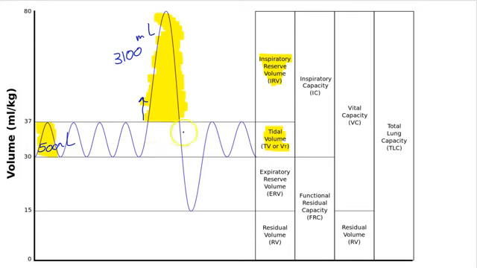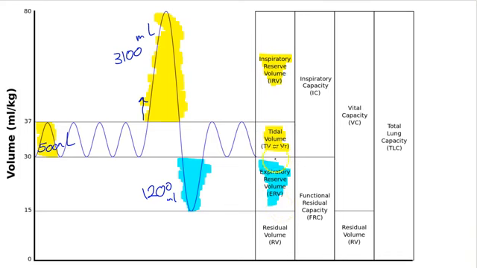And then let's try to breathe out normally and then breathe out deeply. This amount of air that you breathe out deeply is called expiratory reserve volume. So the expiratory reserve volume normally would be around 1,200 milliliters.